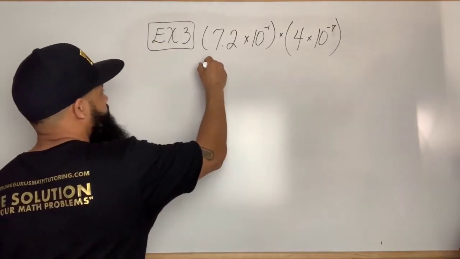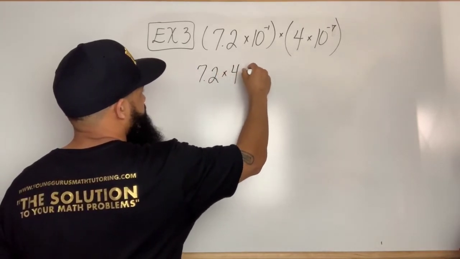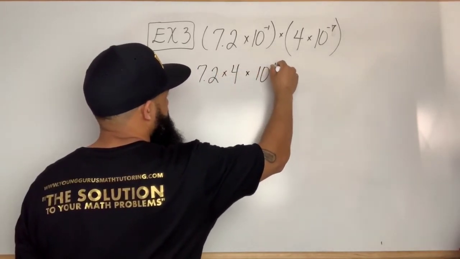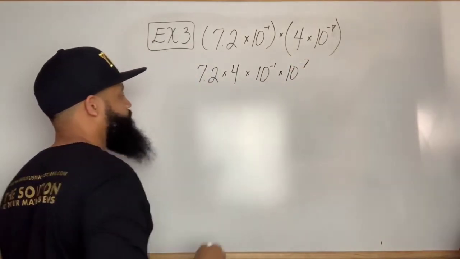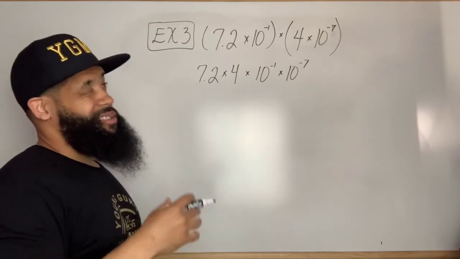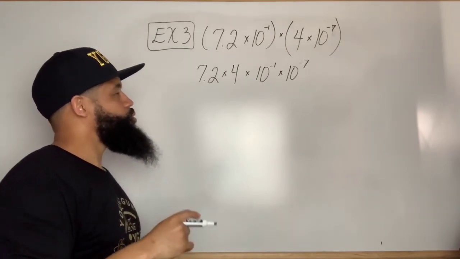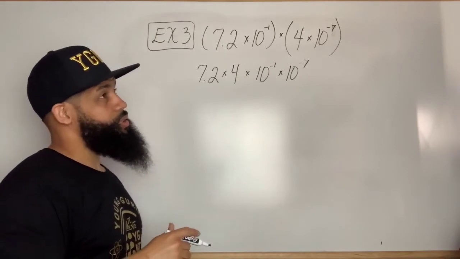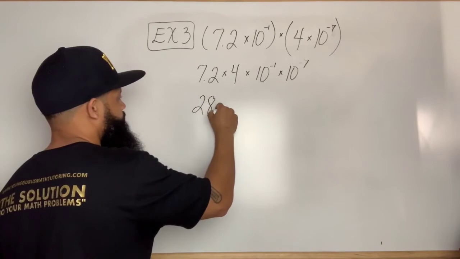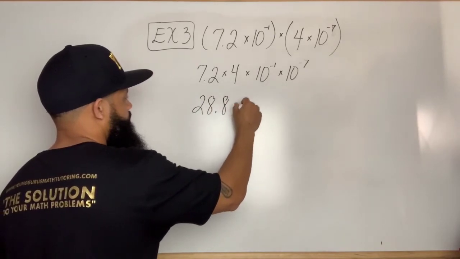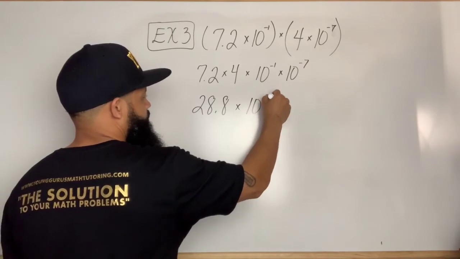So I'm going to have 7.2 times 4 times 10 to the negative 1 times 10 to the negative 7. 7 times 4 is 28, 2 times 4 is 8, so 28.8 times 10 to the, remember we add the exponents, negative 8.